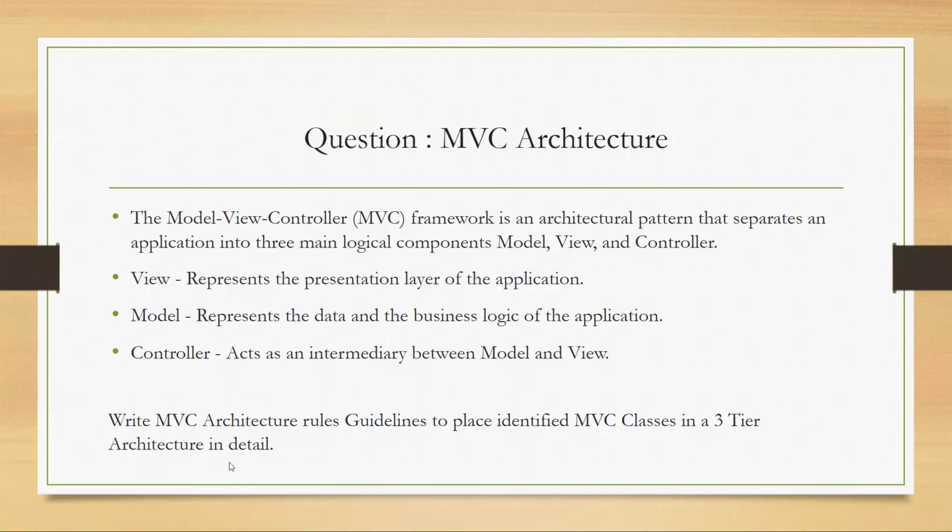The view is where we get all the screens. The controller handles things like validation of the payment. Whatever data has been stored will be stored under the model. You might have related this MVC architecture to the three-tier architecture, as it is almost similar. So you need to write about these things in this question.